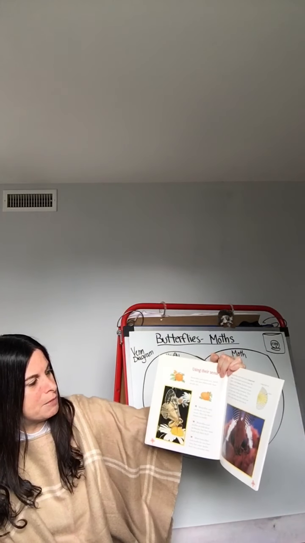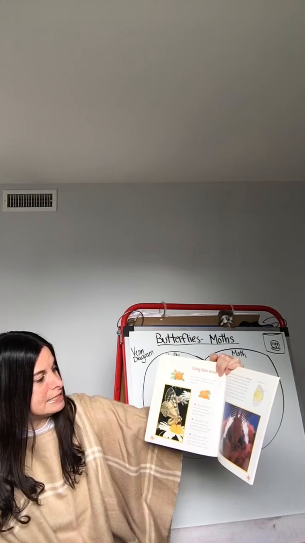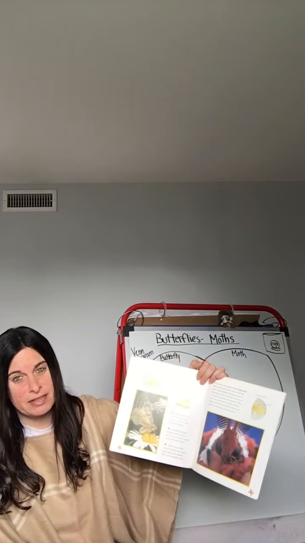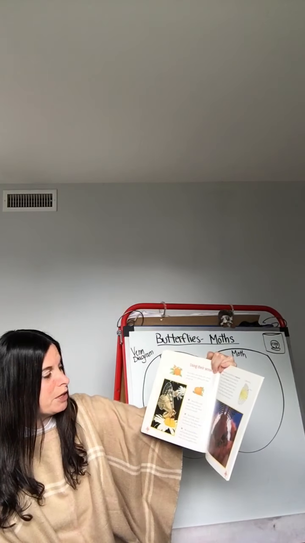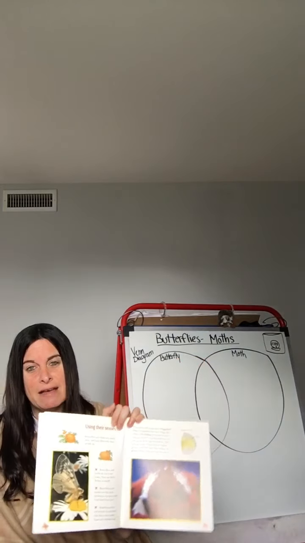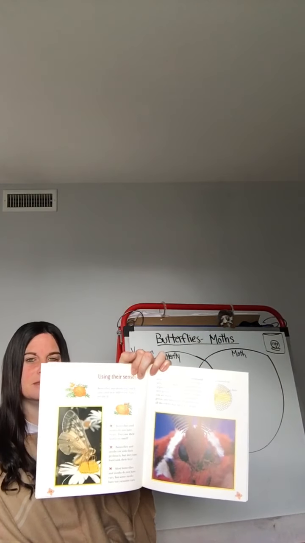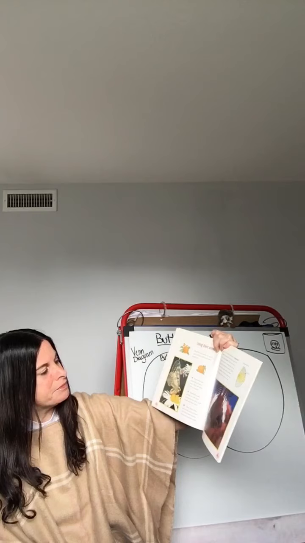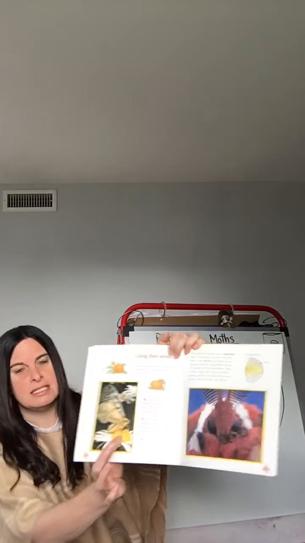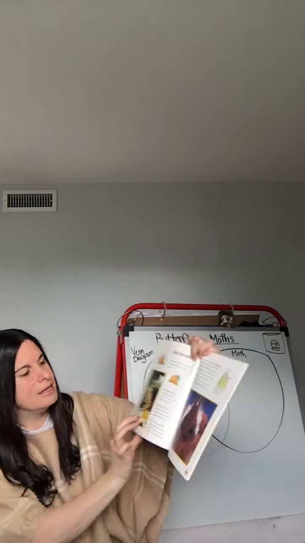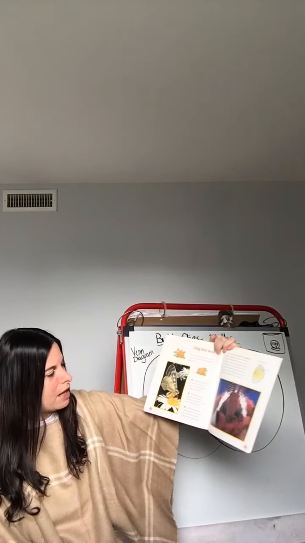Now, butterflies and moths can see, smell, taste, and hear differently than people do. So butterflies and moths do not have noses. That's interesting. They use their feelers, so right here, to actually smell.